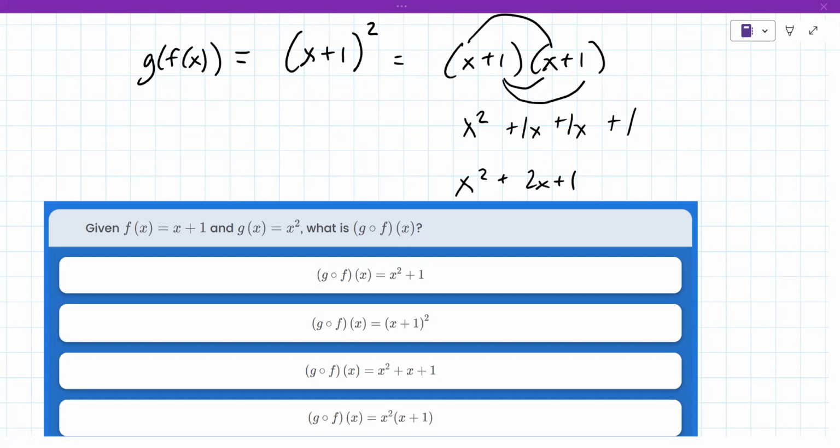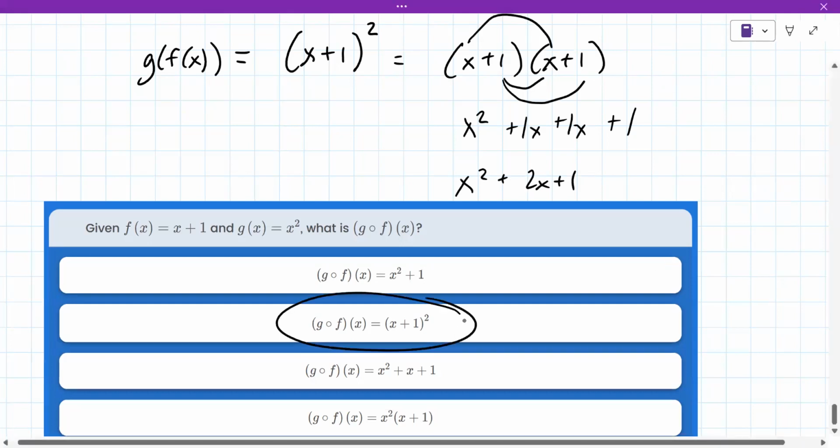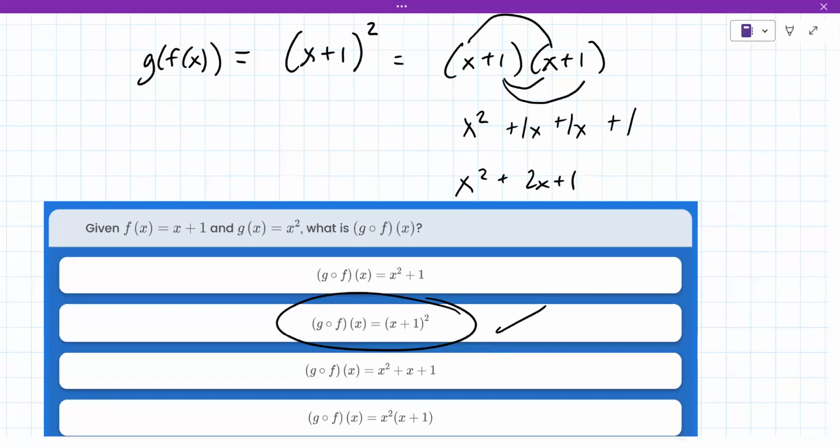Wouldn't the answer be the second one? That's right. So they actually didn't want you to expand it. Sometimes they do, sometimes they don't. I don't know what to think, but that is it here.